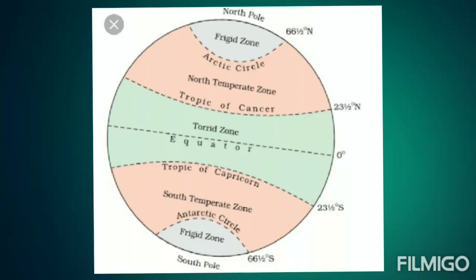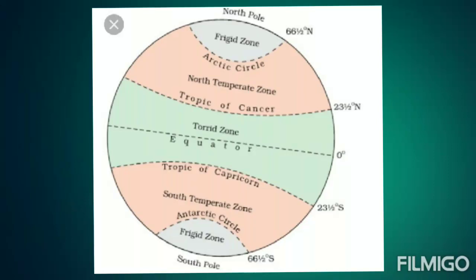Are you getting me? So due to the spherical shape of the earth, it receives different amounts of sunlight. That is why the places that receive the greatest amount of sunlight are hotter than those places that receive less sunlight.